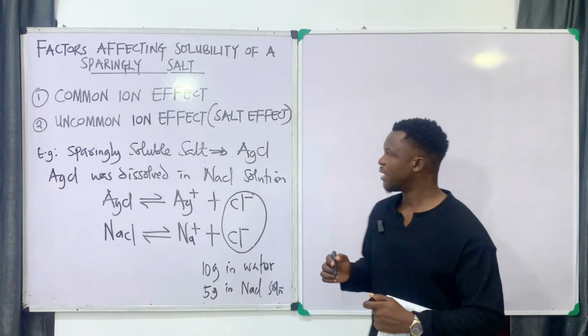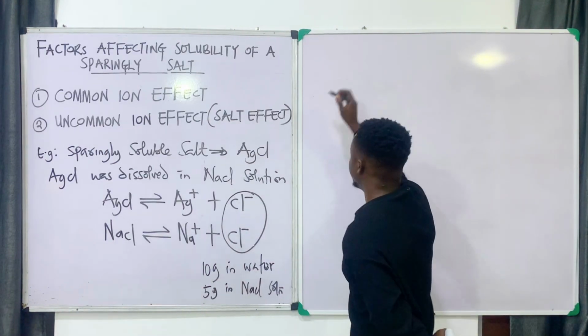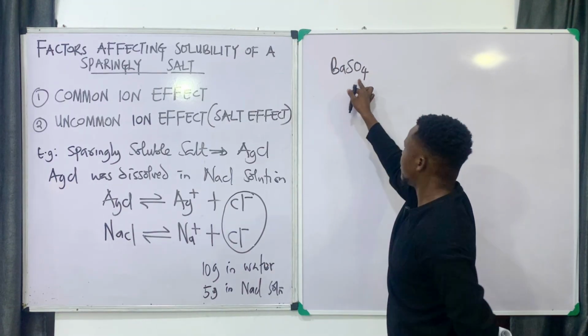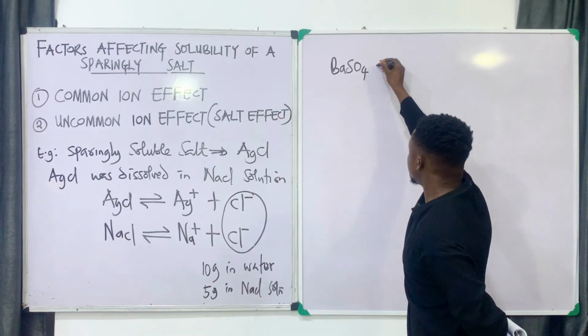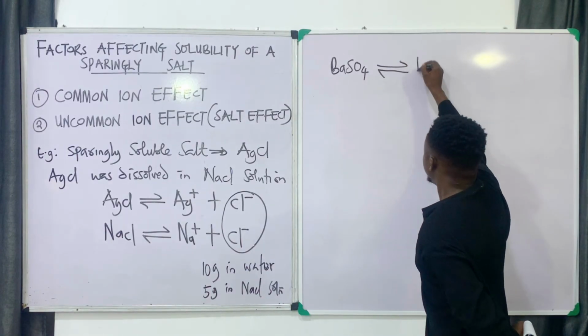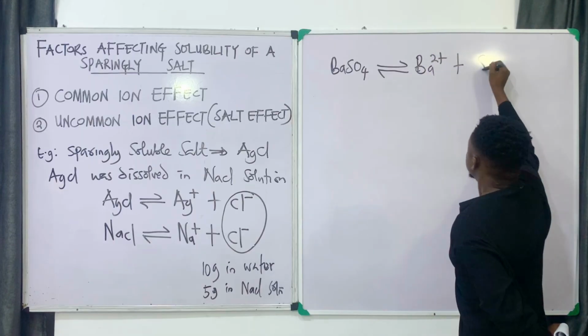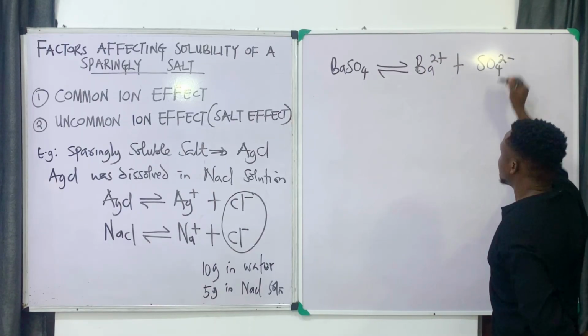Another example of a common ion: let's say I have barium sulfate. This is a sparingly soluble salt. When this dissociates, you're going to have barium 2 plus and SO4 2 minus.